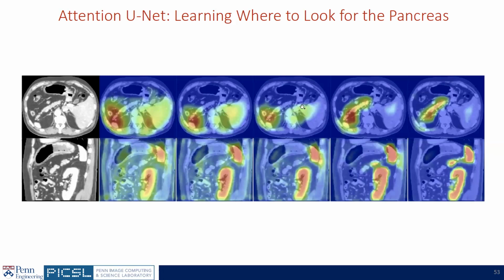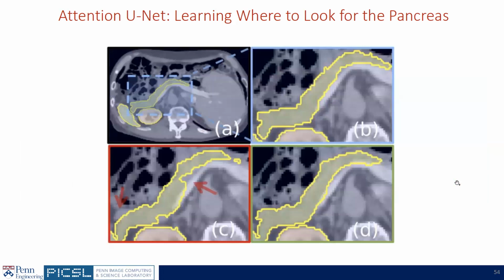Over time, as it trains, you can see that it is really able to localize the regions that it is trying to segment, right? In this case, it's kidney, pancreas, and spleen. And if you see on the left, the U-Net output misses this particular structure, but attention is able to rectify this.